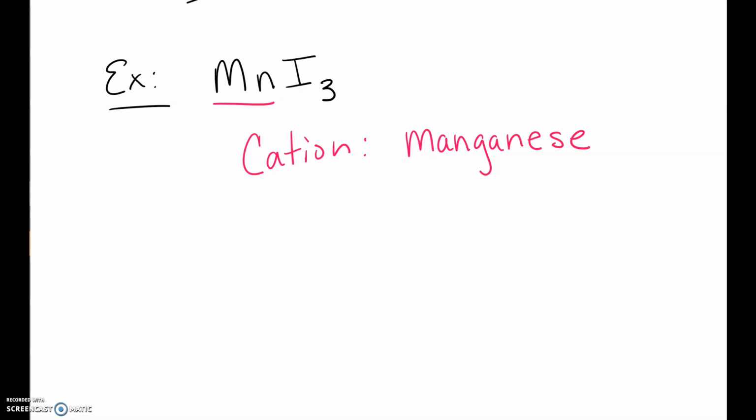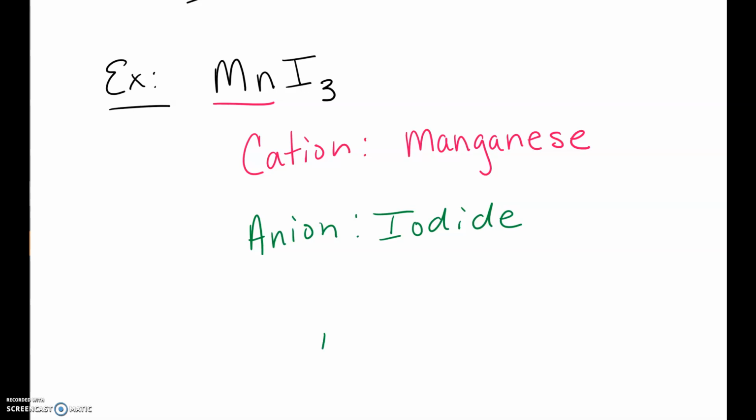The anion is iodide. This is iodine, but when we drop the ending and add "ide," we get iodide.